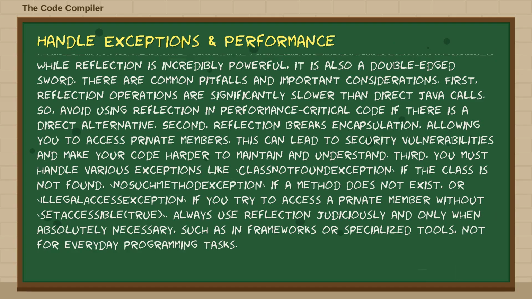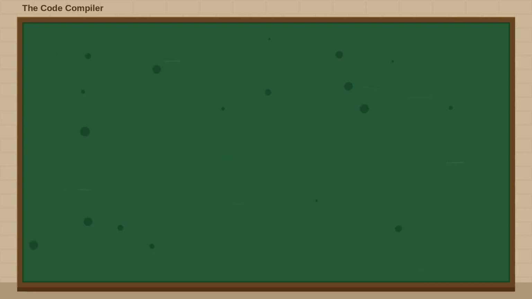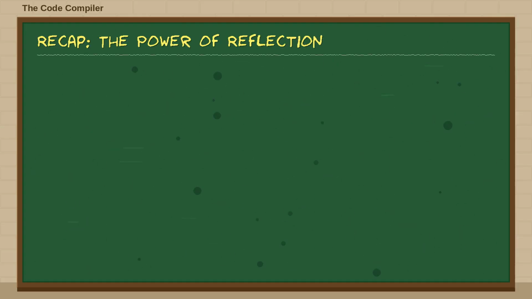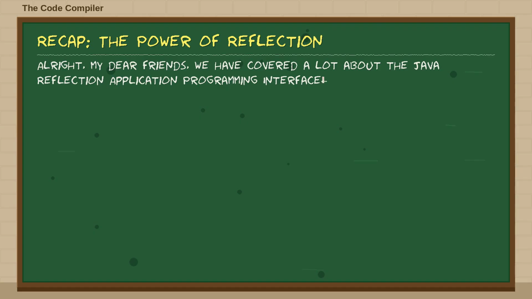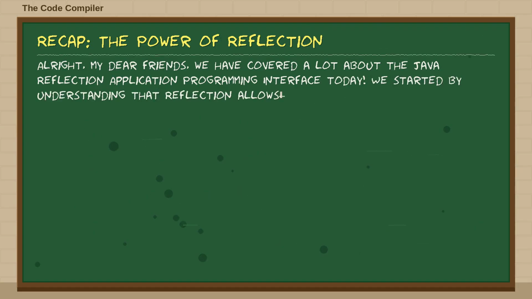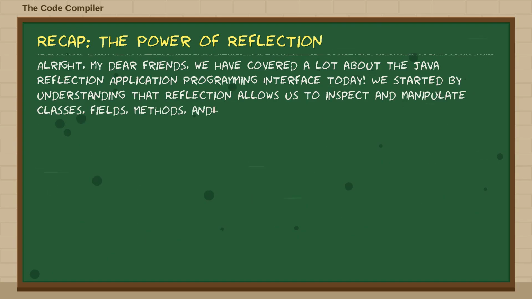not for everyday programming tasks. Alright, my dear friends, we have covered a lot about the Java Reflection Application Programming Interface today. We started by understanding that reflection allows us to inspect and manipulate classes, fields, methods, and constructors at runtime.